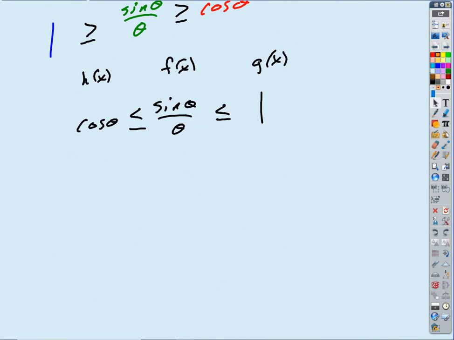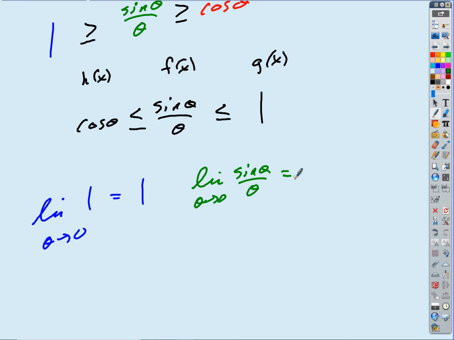So the limit of 1 as theta approaches 0 is what? 1. The limit of sine theta over theta as theta approaches 0 is, we don't know. So we're trying to find that.